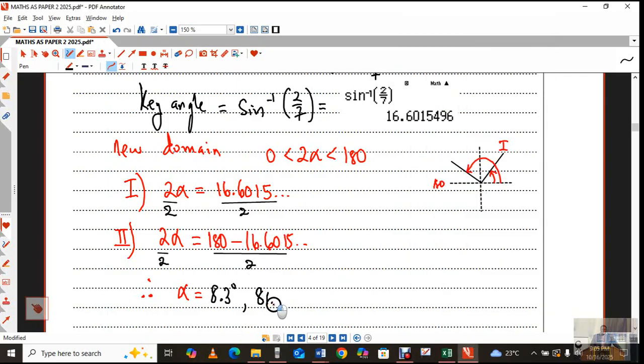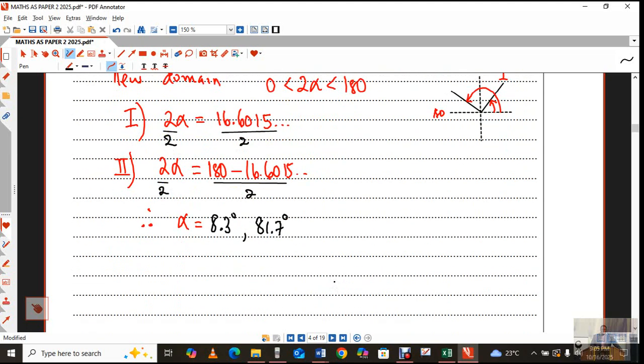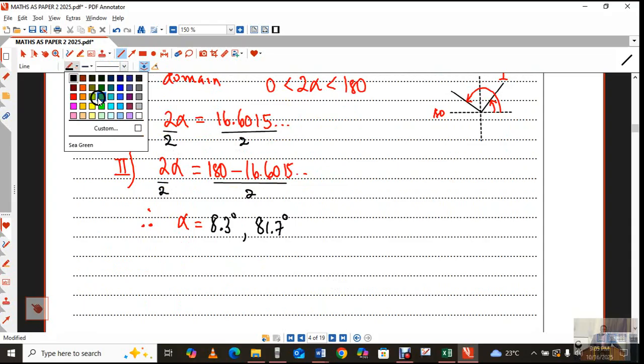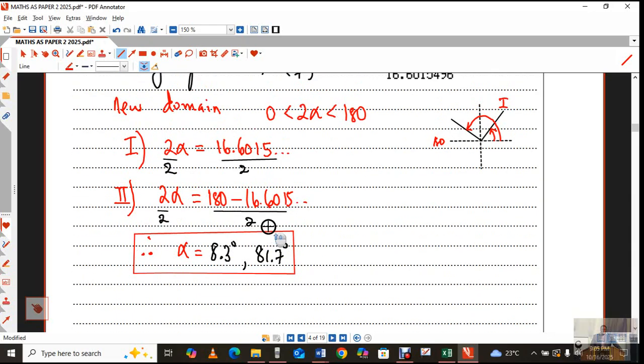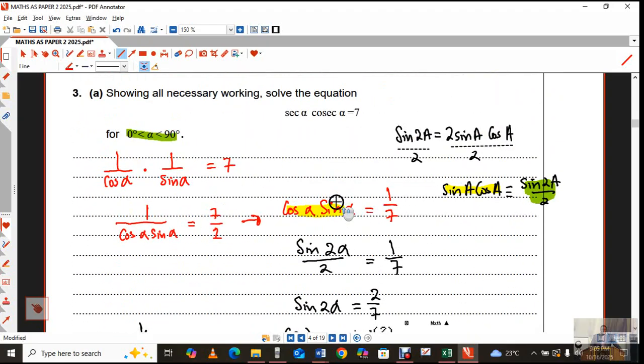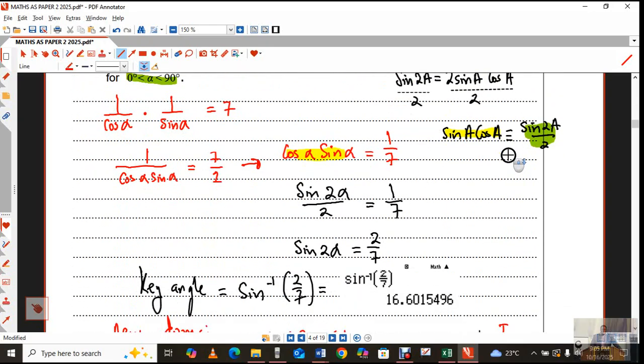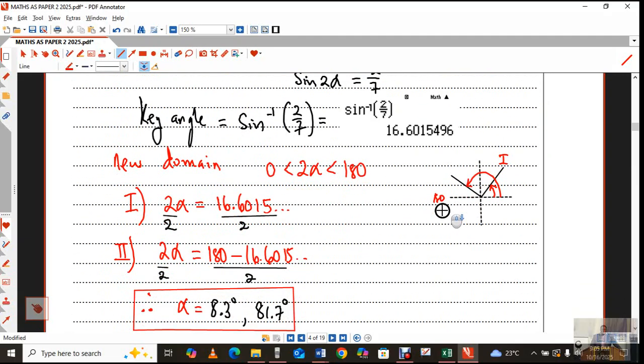And those are the two solutions that we have for alpha. I'm just going to go ahead and put them in a box, so that you can know what our values are. So there was quite a lot, and this is very handy, and you needed to also remember that.